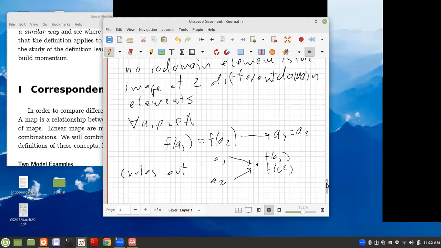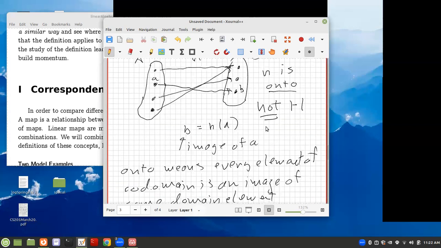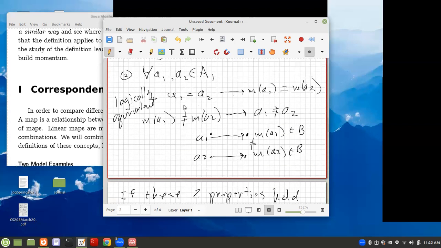Now, this one is similar, if you notice, to the property here, but this is the other way around.